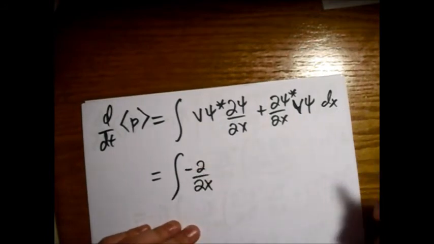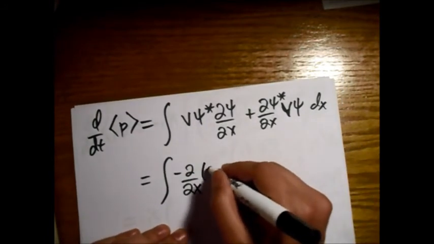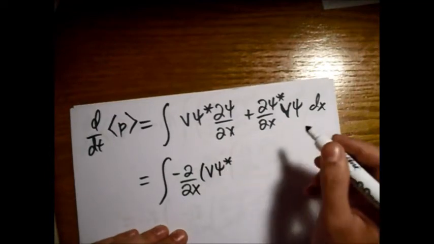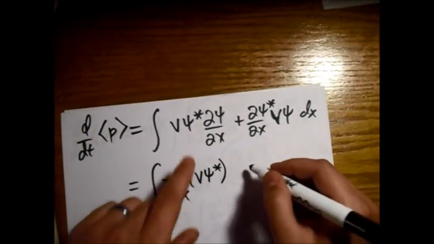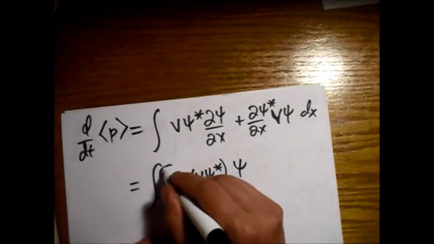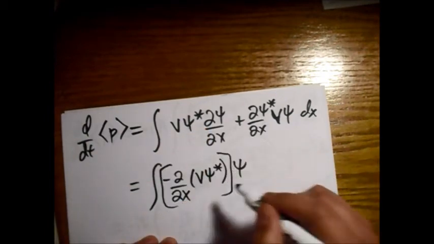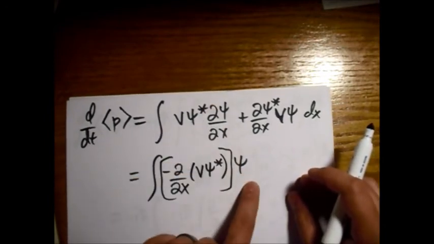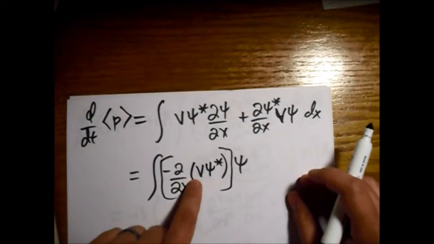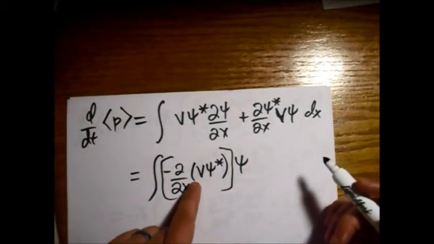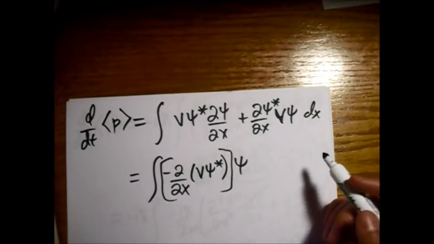All right, so we'll get a minus sign, and this derivative will be with respect to v times psi star, and then we just have, try to put this in brackets to make sure it's kept separate from this one. Took the derivative off of this one, moved it onto the other two as a group, and we picked up this minus sign.